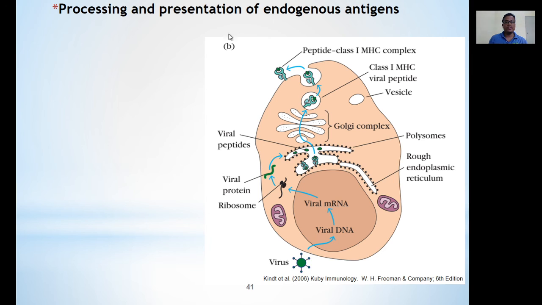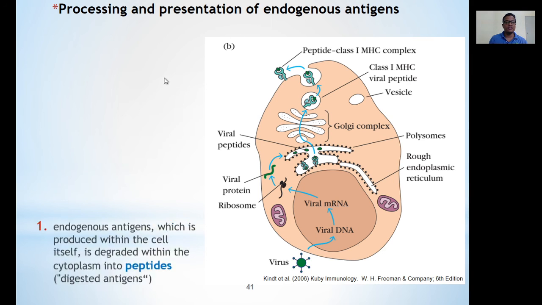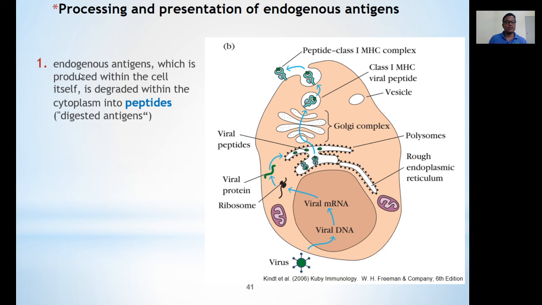So, the processing and presentation of endogenous antigens. First, MHC class 1 focuses on endogenous antigens, which are produced within the cell itself. For example, in the case of a virus-infected cell, the virus will go to the nucleus to replicate.